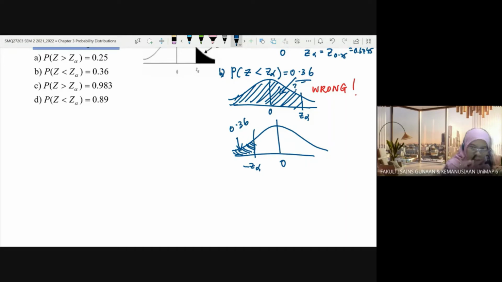Since we are reflecting a symmetric table, again, we can bring this to the right hand side. So this is where we have Z alpha and this is 0.36. So what is the Z alpha given? Can someone please tell me from your table, what is Z alpha? What is Z alpha given here, class?